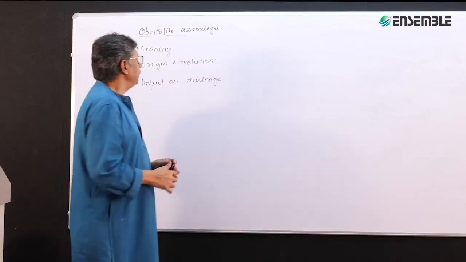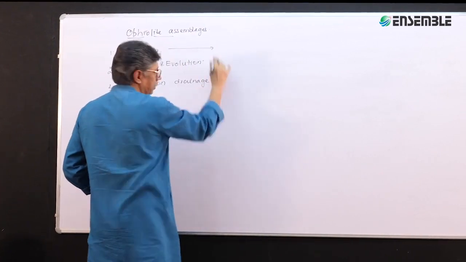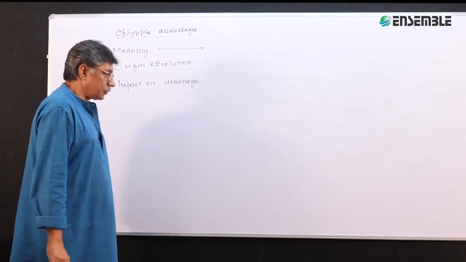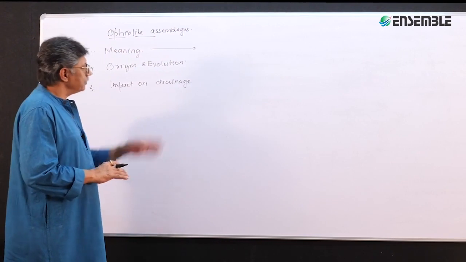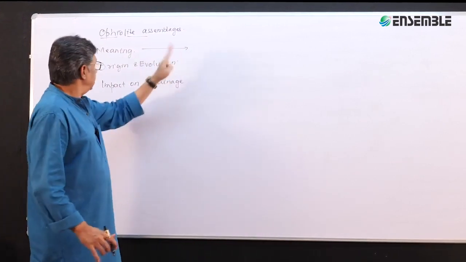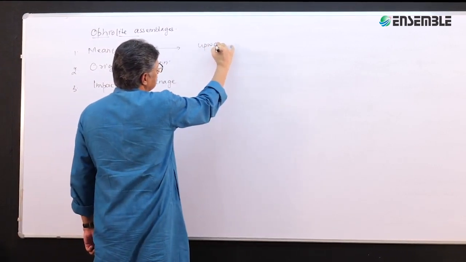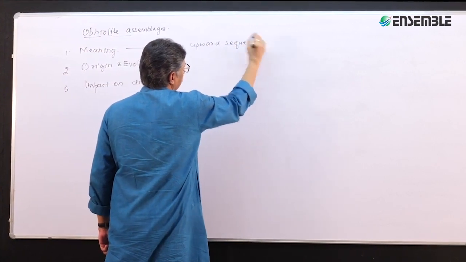Talking about the meaning of it first, that's the first component. An ophiolite assemblage is an assemblage of rock formations frequently found in great mountain belts, characterized by an upward sequence of... This is the catchword, upward sequence.